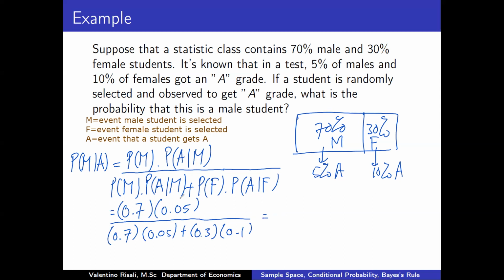And yes, you can continue to compute it by yourself. That's all of this example. Is there any question? Okay, it is important to define what the events are, and then what our task or goal is, and then use the previous formula.